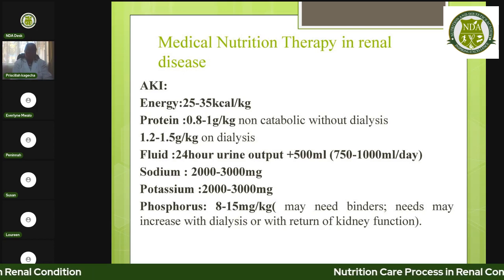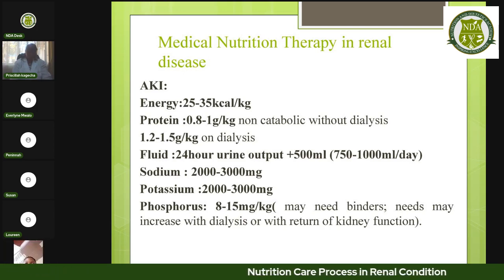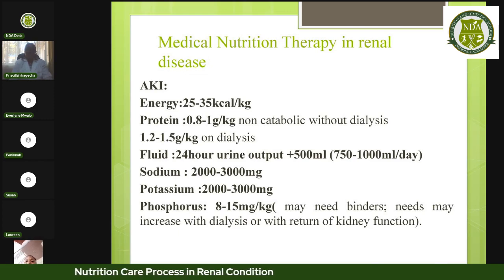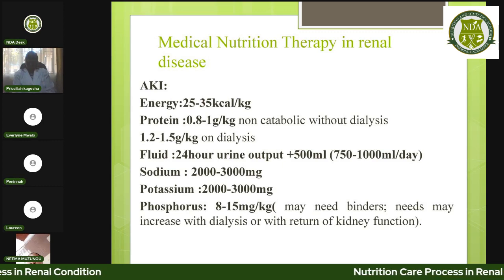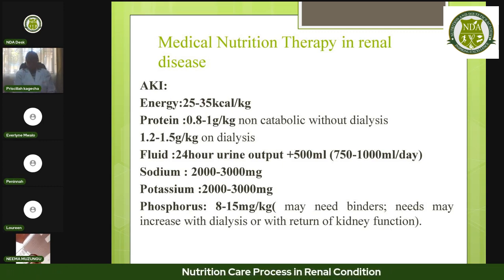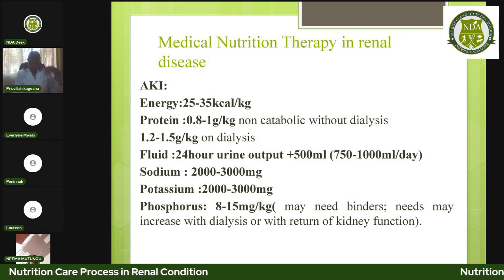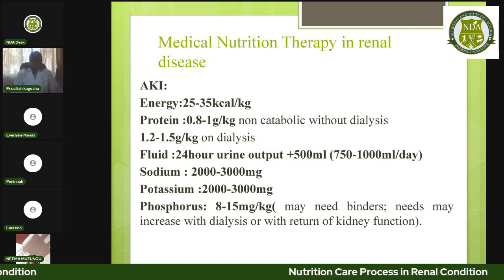For sodium and potassium, you want to give about 2,000 to 3,000 milligrams. For phosphorus, about 8 to 15 milligrams per kilogram. And if the phosphorus is quite high, you may want to consider giving food with phosphate binders.